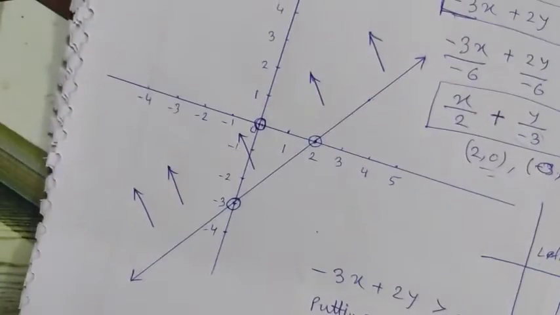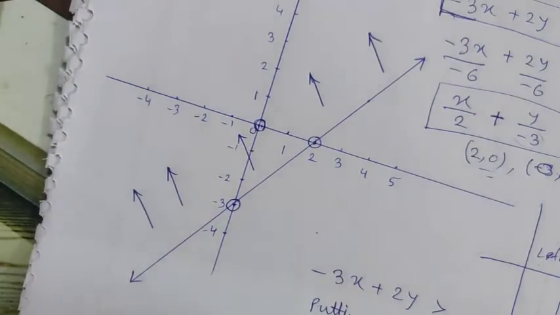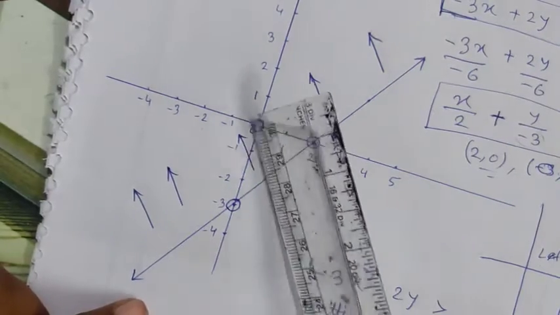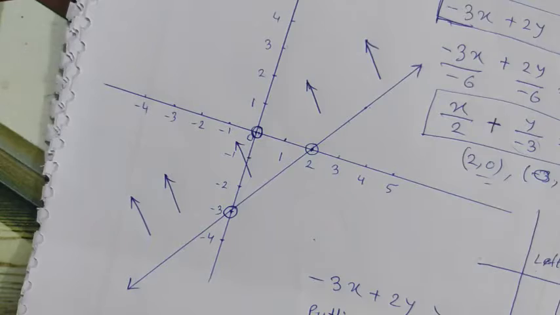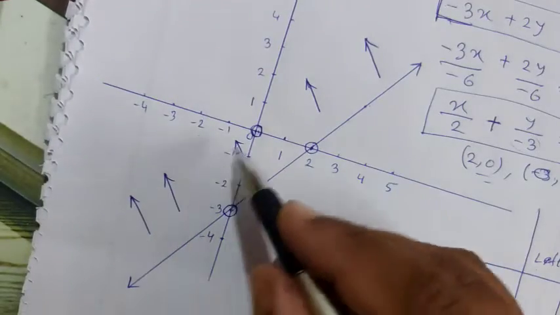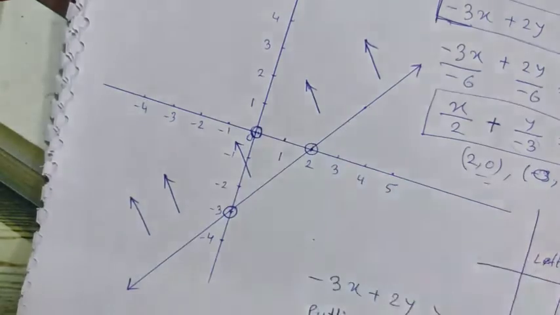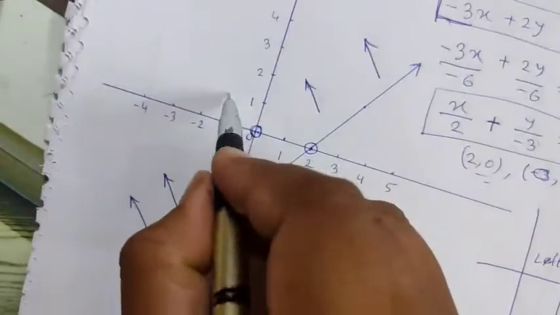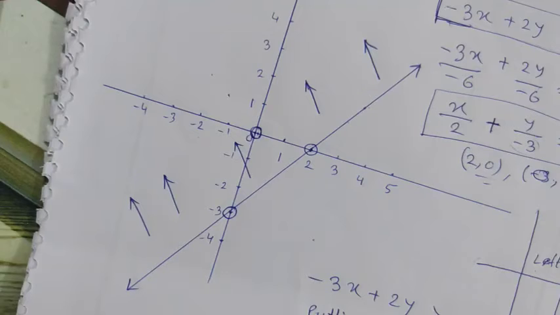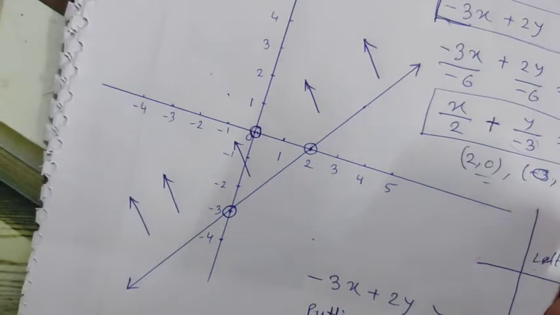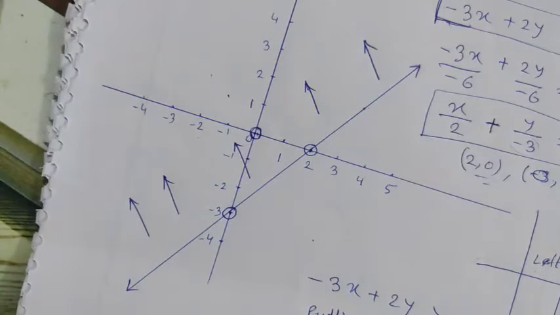But in this case, it's satisfying, so the direction will be towards that point. If a straight line is itself passing through (0, 0), we will select any other point like (-1, 1) or (-2, 2), any point other than the points on that line, to decide whether the upper half or the lower half will be the solution set.